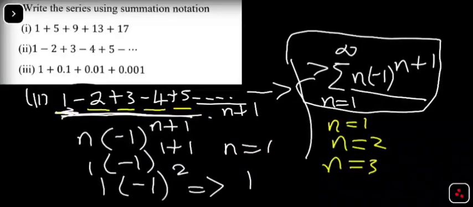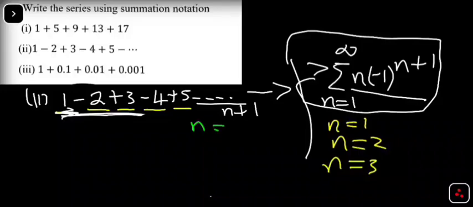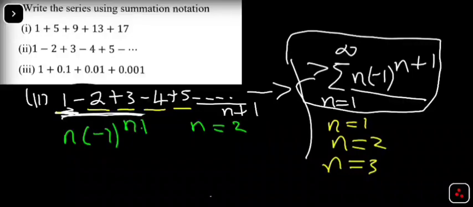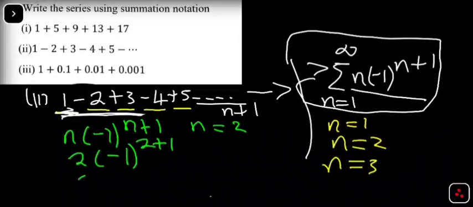Now let us try if n is equal to 2, if we're going to get negative 2. For n is equal to 2, you use the same n times negative 1 to the n plus 1. You just plug in 2 where there is n. So you're going to have 2 times negative 1 to the 2 plus 1.